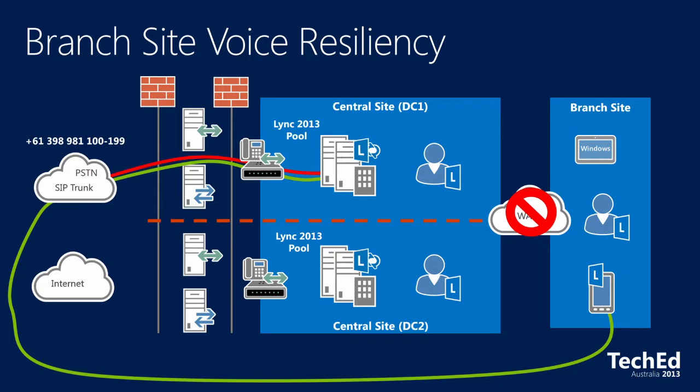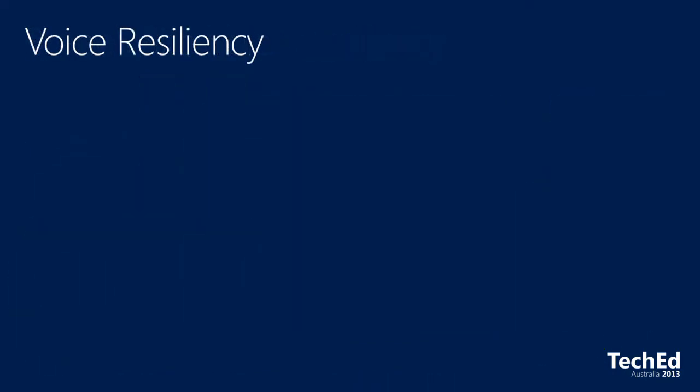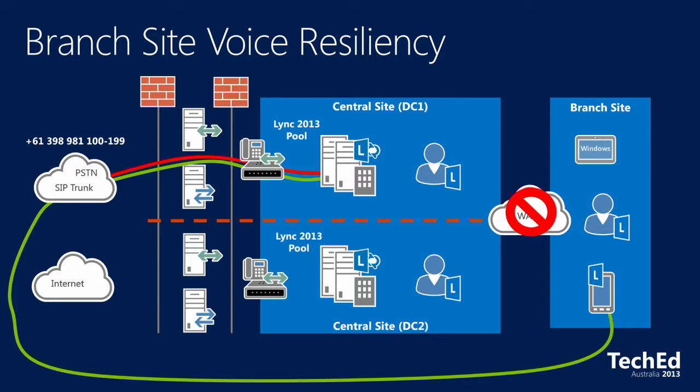So this is a scenario that we're definitely seeing more and more of. Less hardware on the edge and more thought put into automatic and dynamic failover of services at our 2 central sites. The other scenario is if your users have a local internet connection or a 3G or 4G connection they can get to.